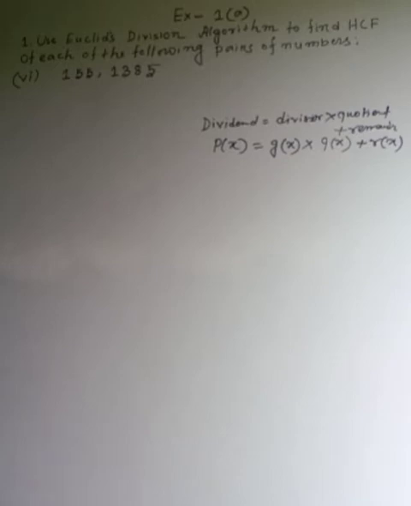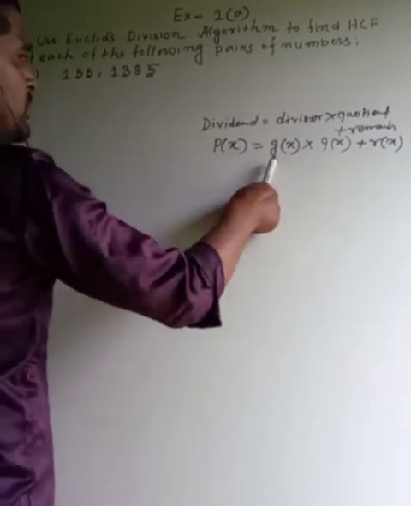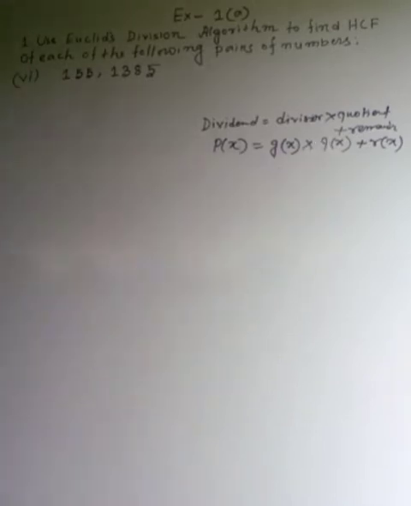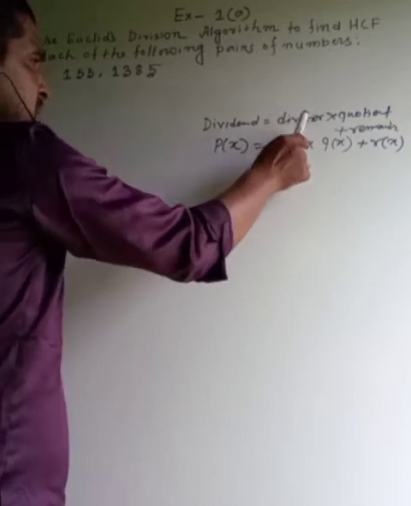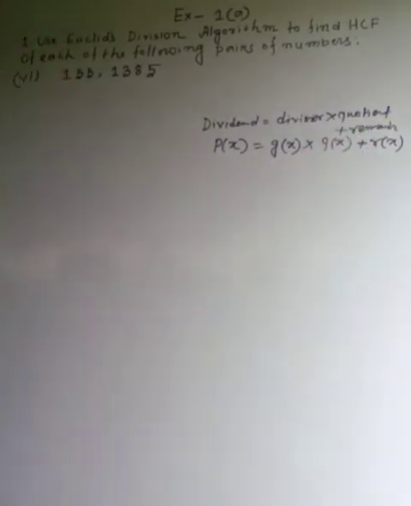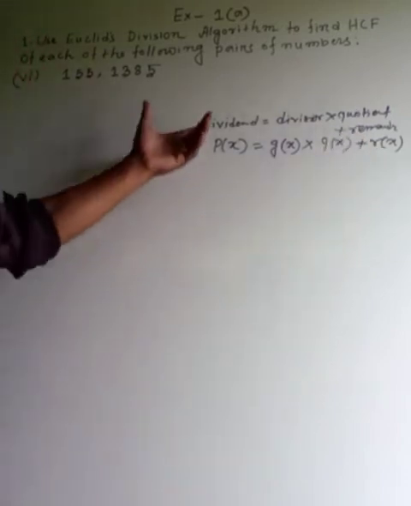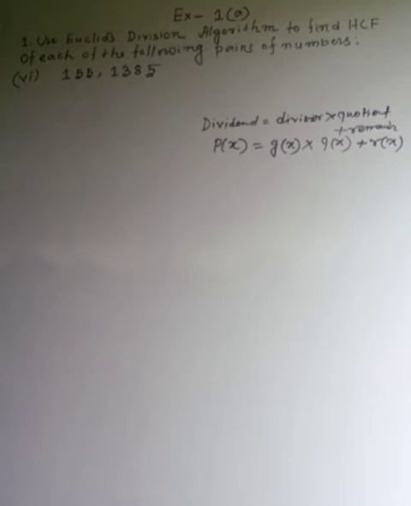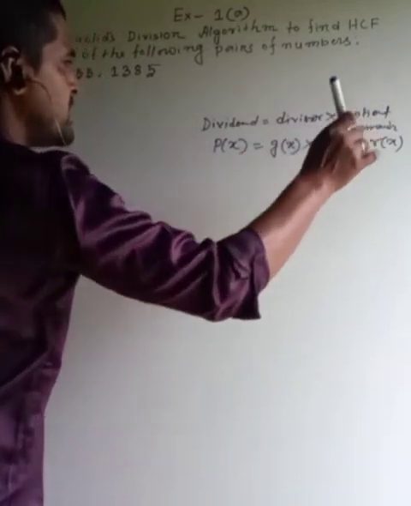So we have learned it like that: p(x) = g(x) × q(x) + r(x). Here p(x) means dividend, g(x) means divisor, q(x) means the quotient and r(x) means the remainder.